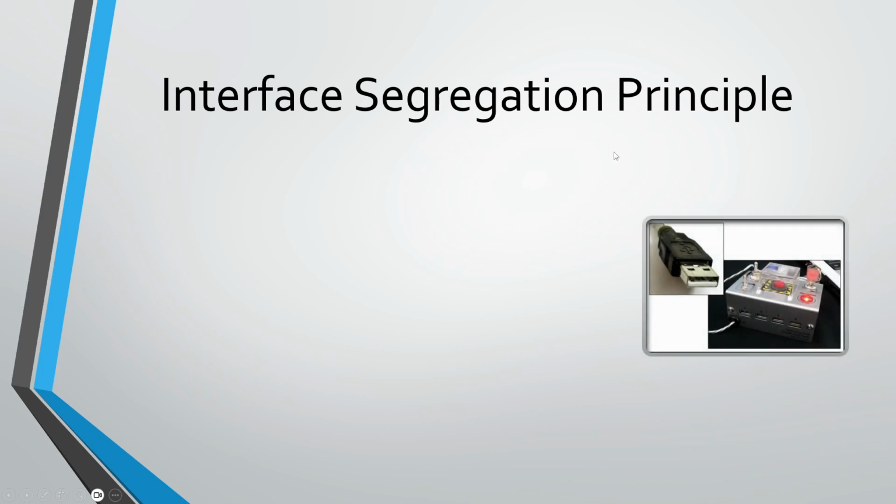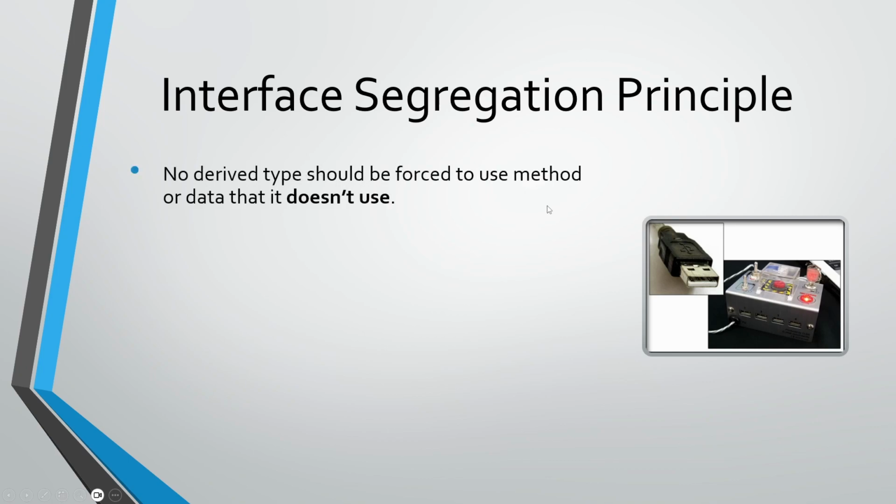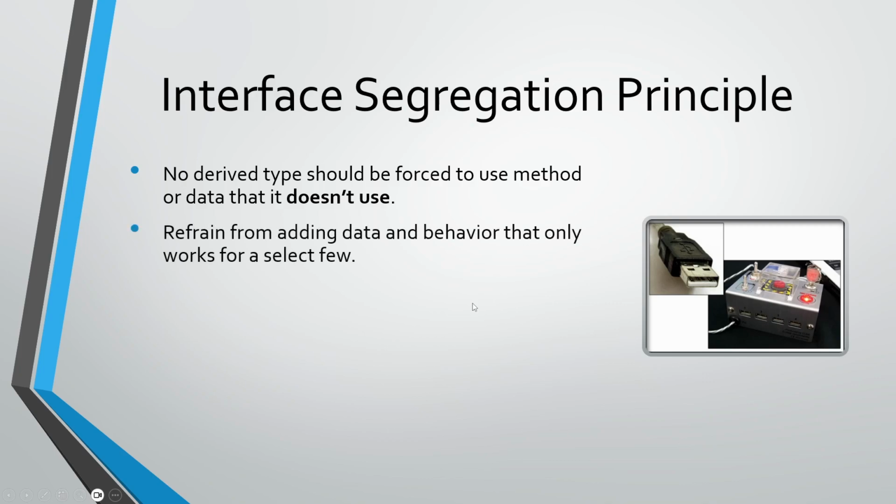Kasi yung interface segregation principle, we know a derived type should not be forced to use a method or data that it doesn't use. Like kanina, sure, lahat ng functions for the children should not always be in the base class. So we shouldn't really force it para lang magamit siya sa child classes. Refrain from adding data and behavior that only works for a select few.